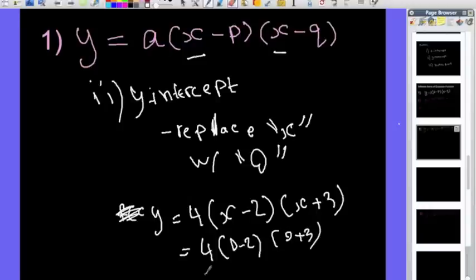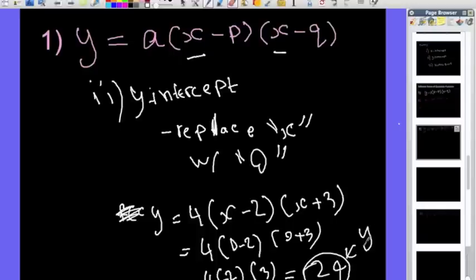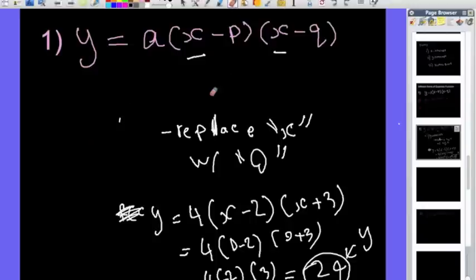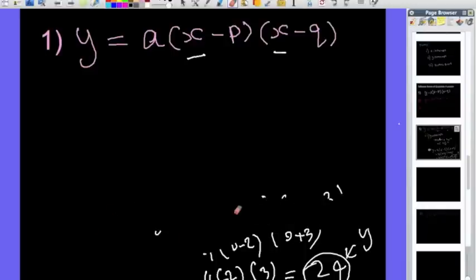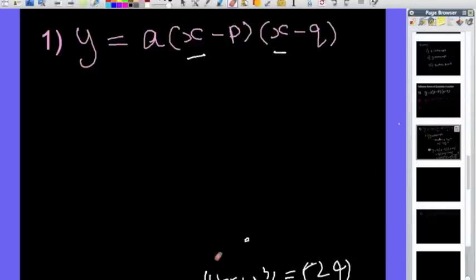So 4 times -2 times 3, which would give you -24. So this is y right here, it's the y-intercept. It's just easy, you just replace the x with 0.